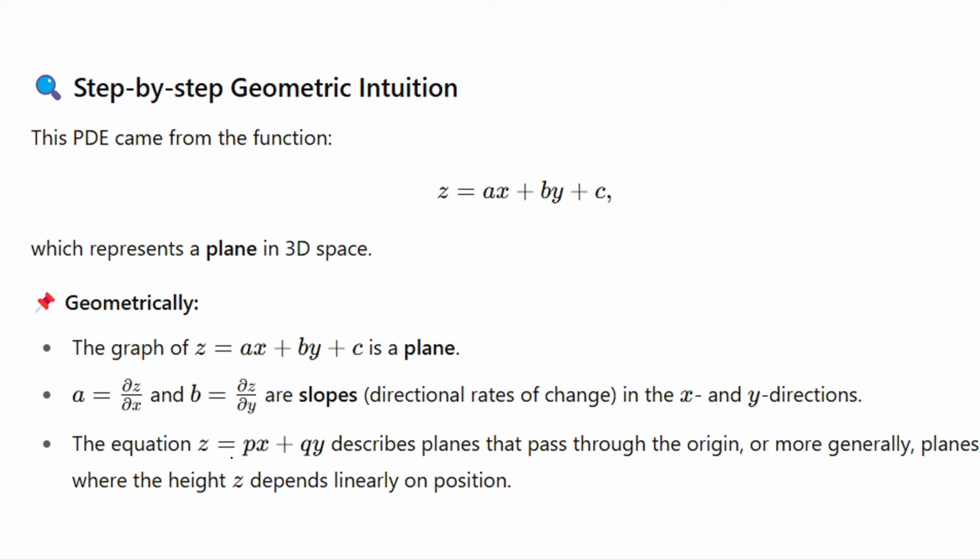The equation z equals px plus qy describes planes that pass through the origin, or more generally, planes where the height z depends linearly on position.